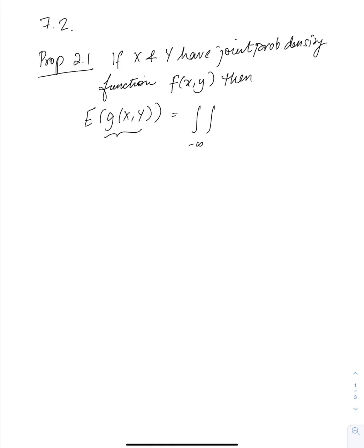This is the double integral of g of xy times the joint density of x and y.